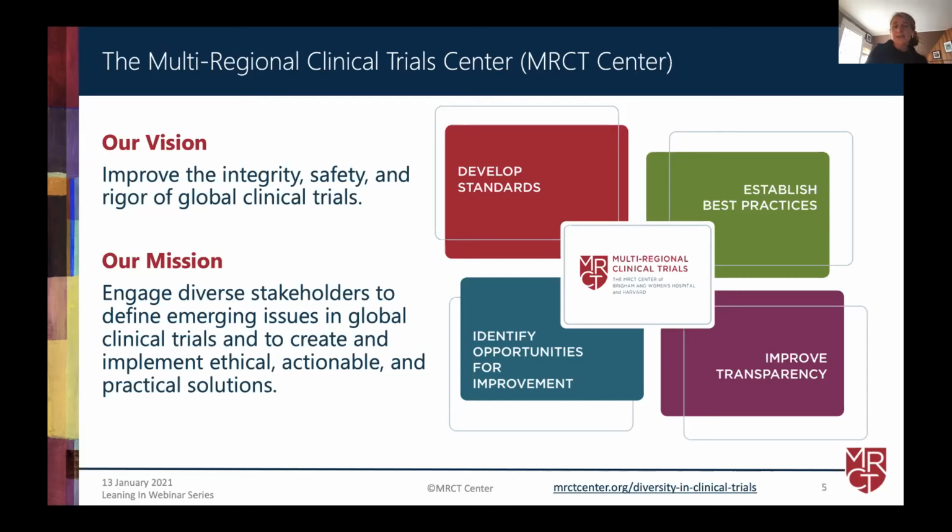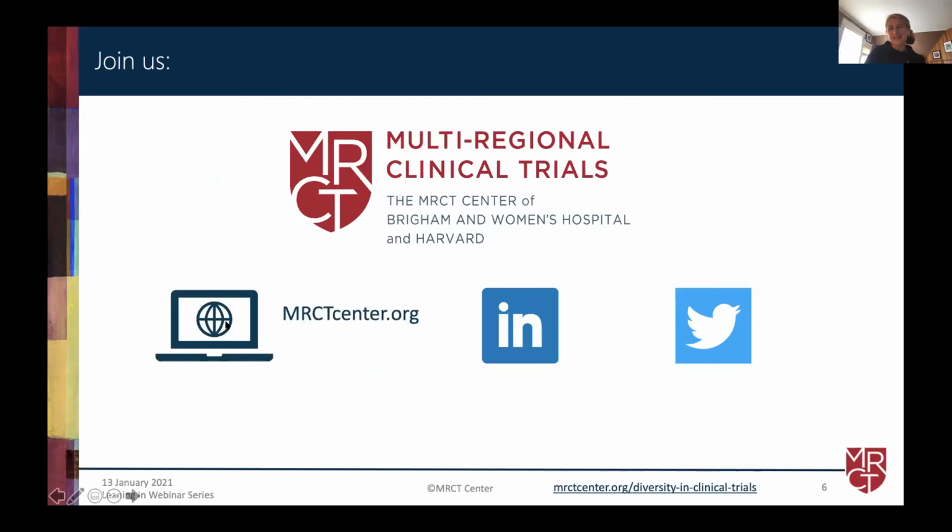Over the past decade, the MRCT Center's efforts have resulted in implementation of best practices, greater transparency, and improved safety for research participants. On the next slide, you can see our website, and our work is freely and openly available, and we routinely post news, events, and updates on both Twitter and LinkedIn.